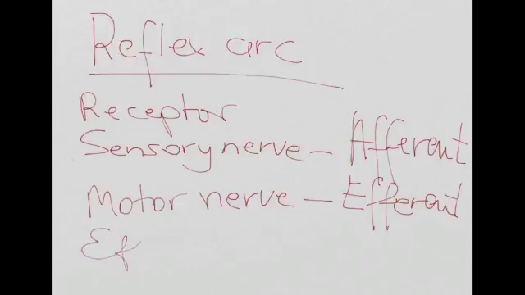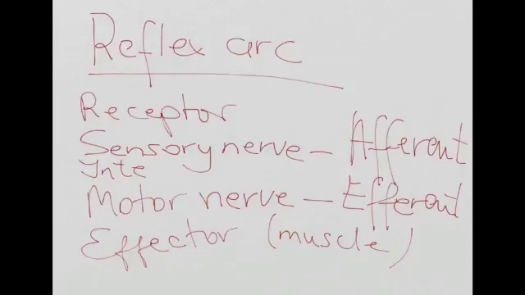The effector organ, which in most cases is a muscle, is also part of the reflex arc. Except for the most primitive, or the simplest, stretch reflexes, usually there are some interneurons interposed between the sensory and the motor nerves.